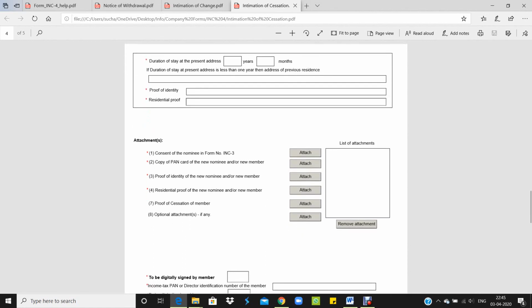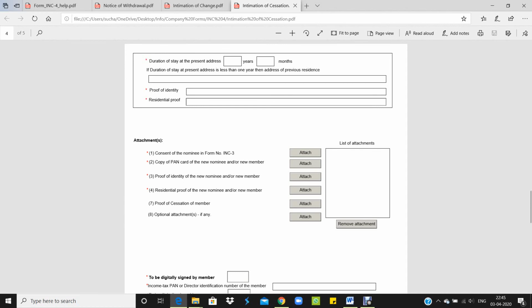We have to attach the PAN card copy of the new nominee and also the new member, proof of identity of the new nominee and also the new member, and residential proof of the new nominee and also the new member. So copies of PAN, proof of identity and residential proof of both the new nominee and the new member have to be attached.